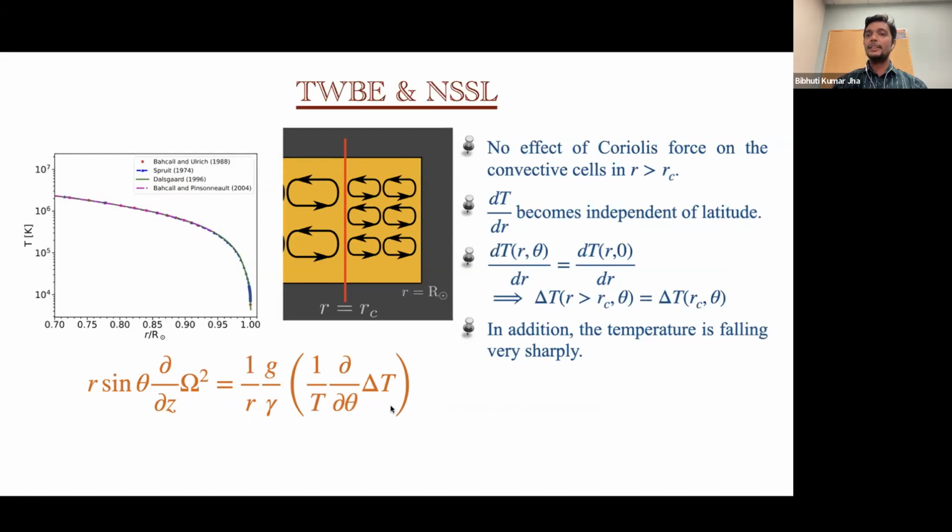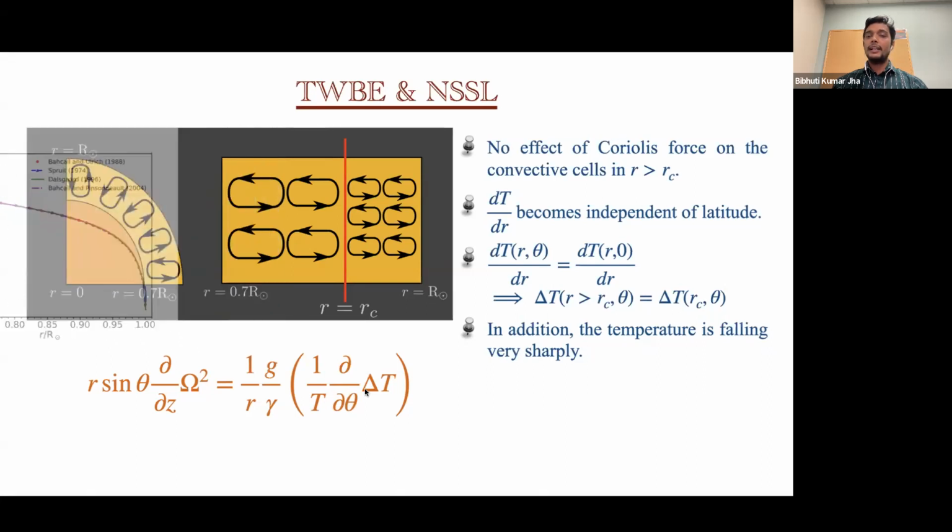That is the widely accepted idea, and that gives rise to the NSSL. But based on an order of magnitude calculation, the rise in this term cannot be balanced by the dissipative term alone. The centrifugal term has to rise to compensate for the rise in the thermal wind term.